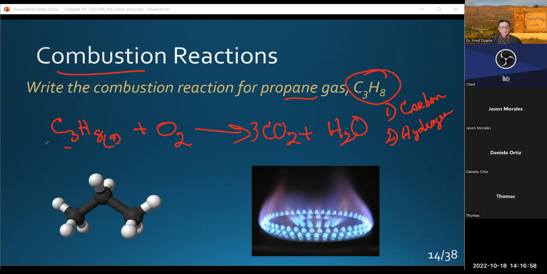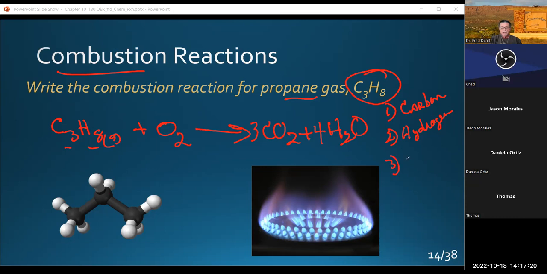Okay. We have 8 hydrogens over here in the form of propane. We only have 2 in the form of water. Okay. So all we got to do is put a 4 in front of water. And now we got 8 hydrogens on both sides. We got 3 carbons on both sides.